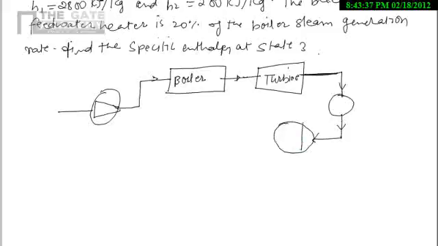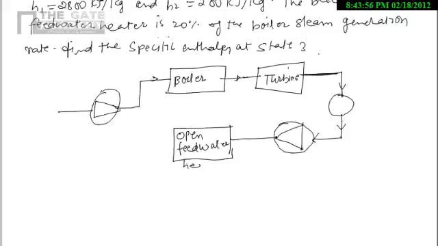Then again this is entering into the open feed water heater, and the steam is also coming from the turbine, that is stage 1.